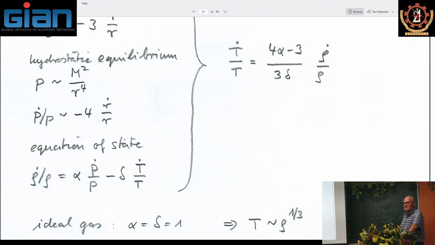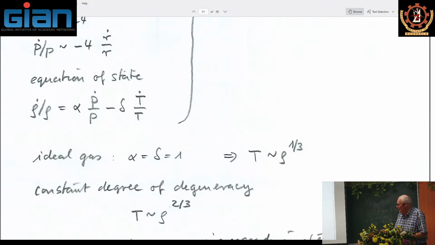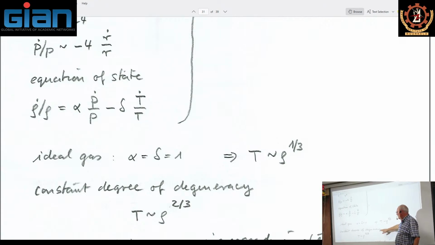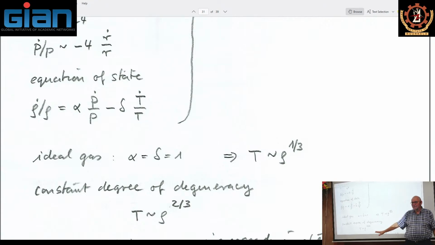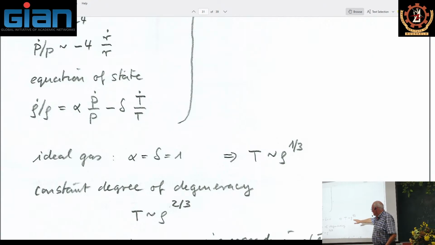If we want to stay in a non-degenerate state, the temperature has to rise faster than rho to the 2/3. Now we consider these two cases. For an ideal gas, the temperature goes with rho to the 1/3, and for constant degree of degeneracy, the temperature would rise with rho to the 2/3. So it has to rise faster than the temperature rises in the case of an ideal gas.